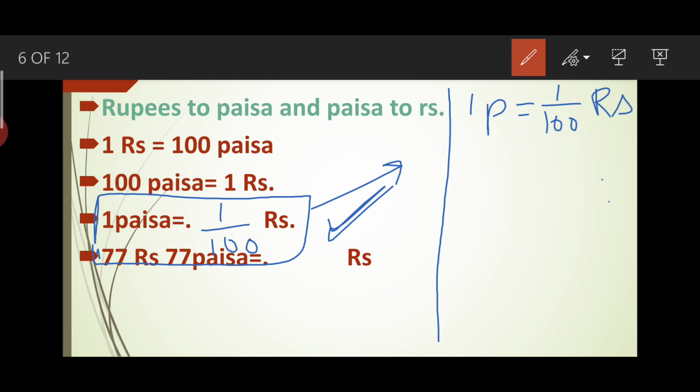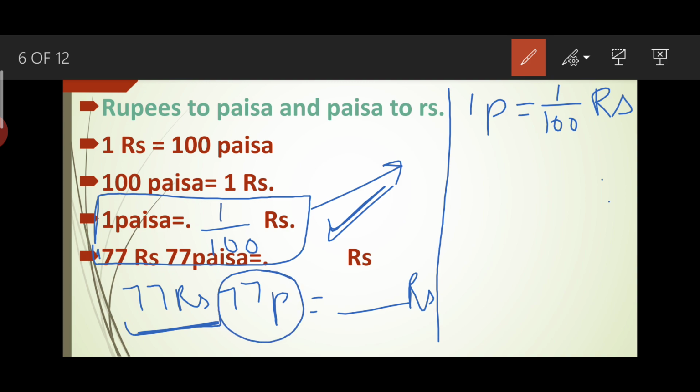So in this question, you have to convert 77 rupees and 77 paisa into rupees. This value is already in rupees, so you don't have to do anything with it. You will write 77 as it is. Now you have to convert 77 paisa into rupees.